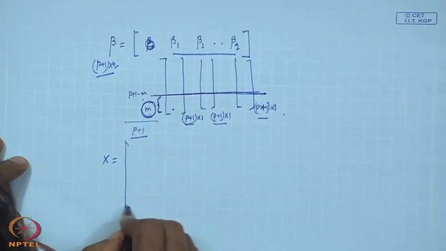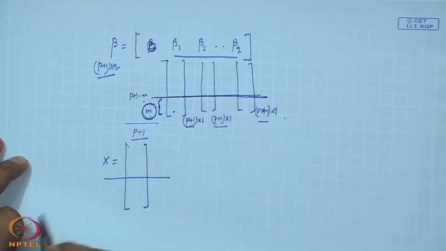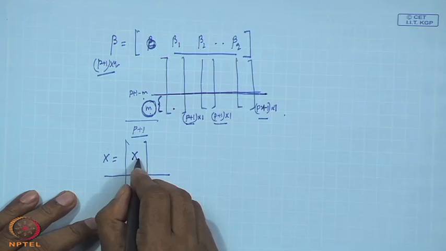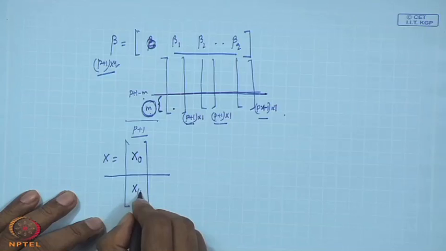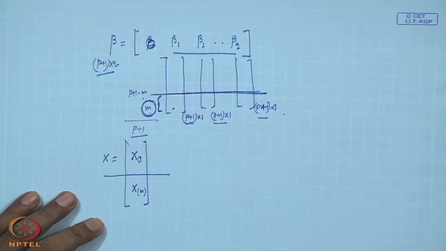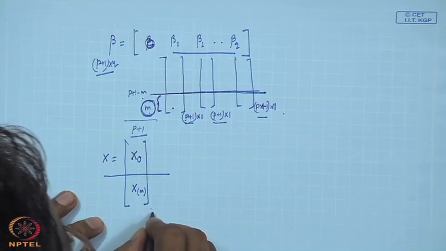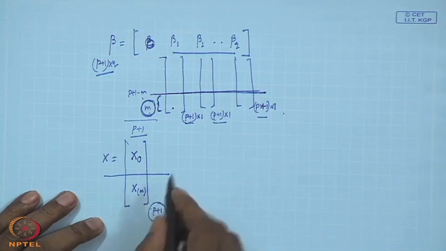I am creating two sets. This one is your x0, and this one we write as x within bracket m. So I have a total of P plus 1 including the constant.